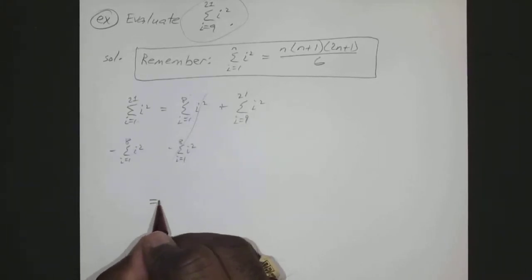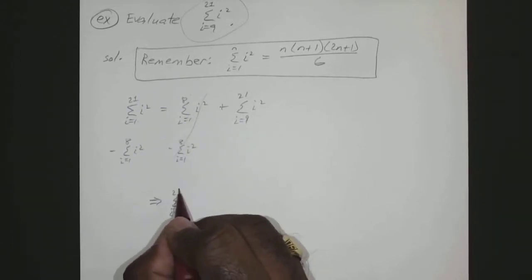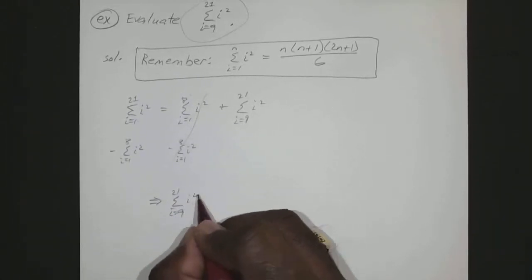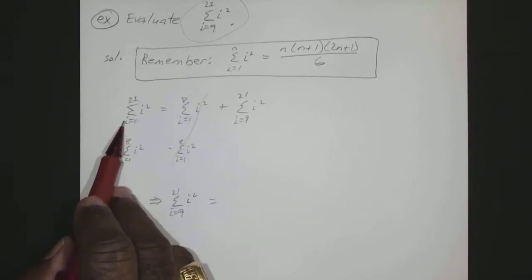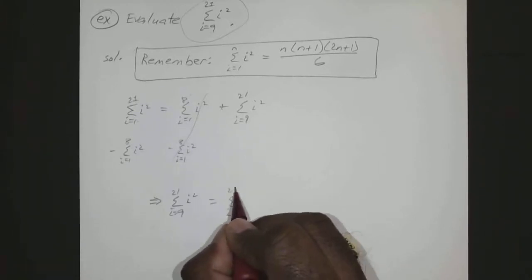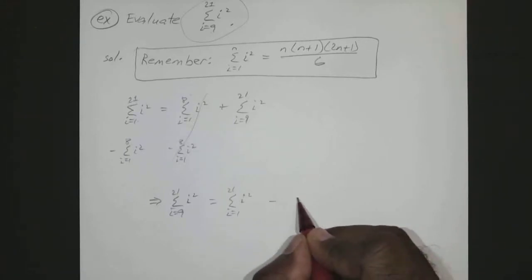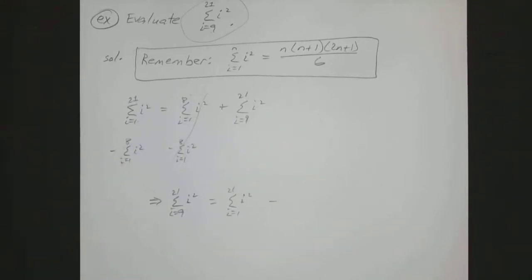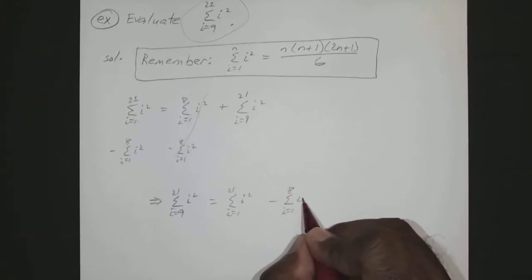That means we have the sum from i equals 9 to 21 of i squared is equal to the sum from 1 to 21 of i squared minus the sum from 1 to 8 of i squared.